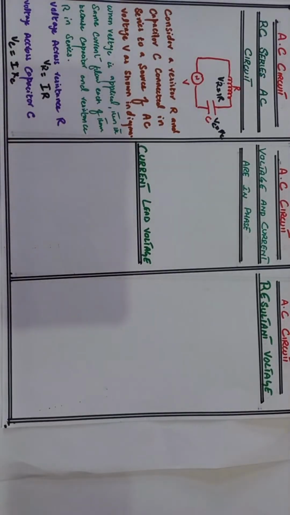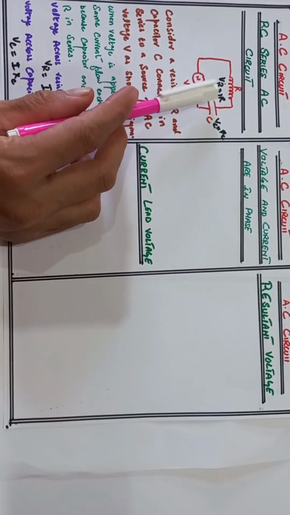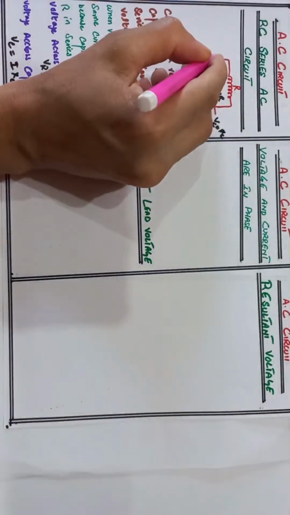Another point we know is that whenever the current flows in the resistor R, both the voltage and current are in phase.